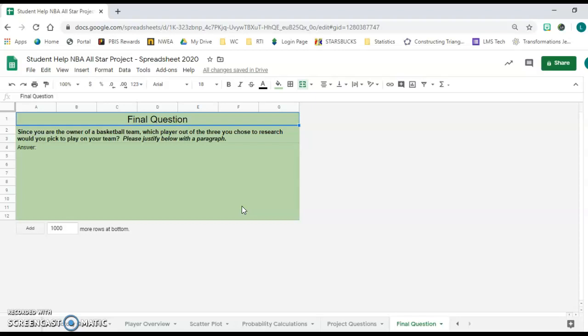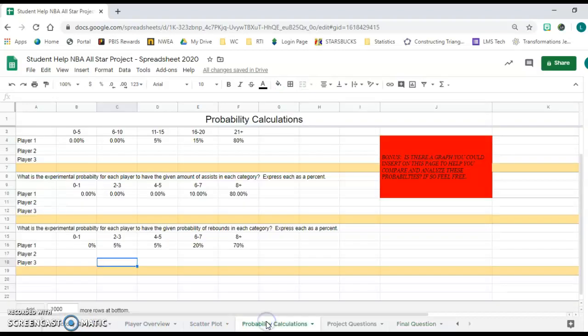So talking about why you choose them to be on your team, and then also including some graphs and some percentages and stuff like that. So kind of like if you were to turn on ESPN or some sports radio or something like that, that you'd be talking about your player and justifying why you chose them.